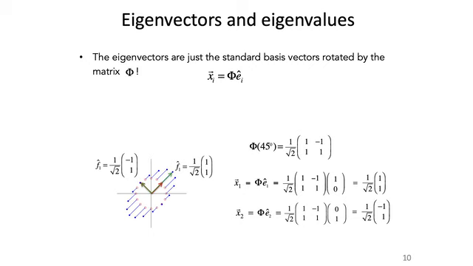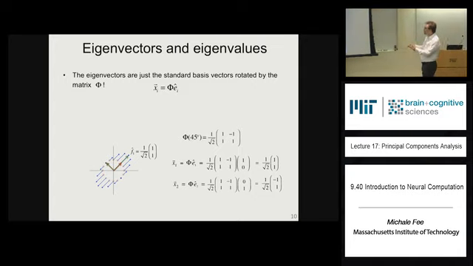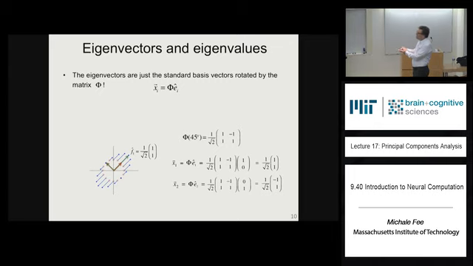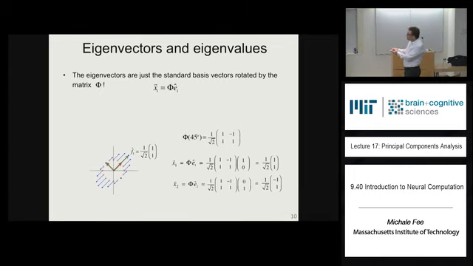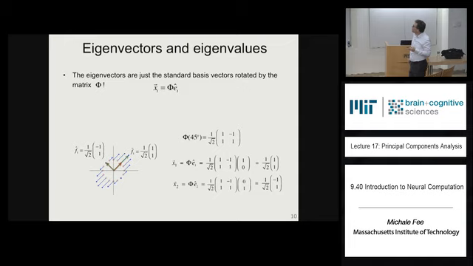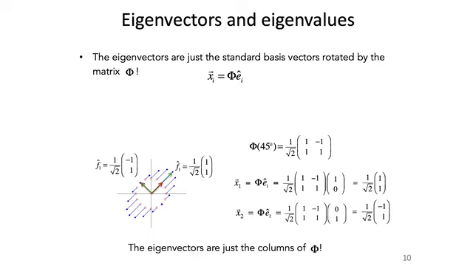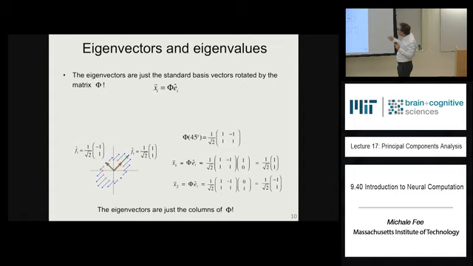So the two eigenvectors we derived for this matrix that produces this stretch along a 45-degree line are the 45-degree vector in this quadrant and the 45-degree vector in that quadrant. Notice it's just a rotated basis set. So notice that the eigenvectors are just the columns of our rotation matrix.